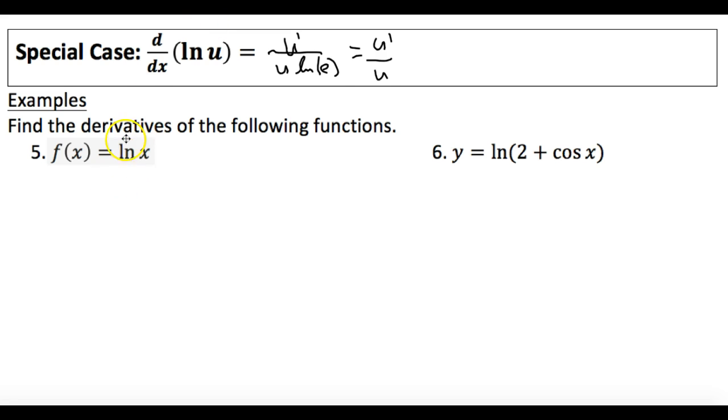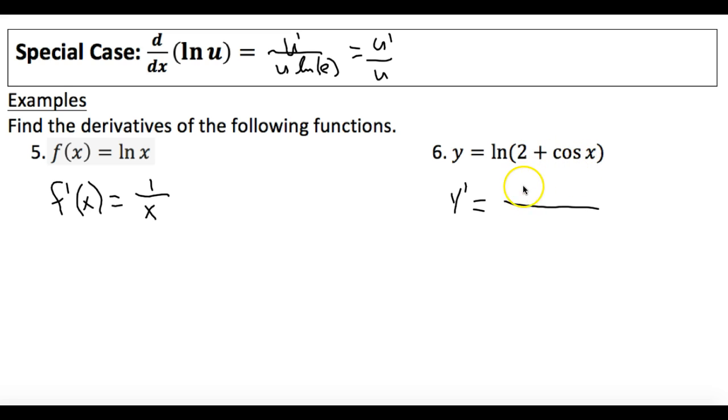So, for example here, the derivative of natural log of x is, well, the derivative of the inside is just 1 over x. Then we should have a natural log of e here, but we know that's just 1. So the derivative of the natural log of x is just 1 over x. The derivative here then, y prime, would be the derivative of the inside, so the derivative of 2 plus cosine of x.